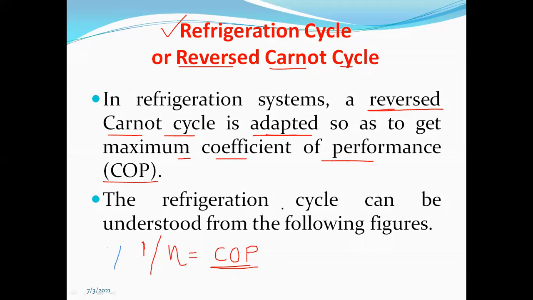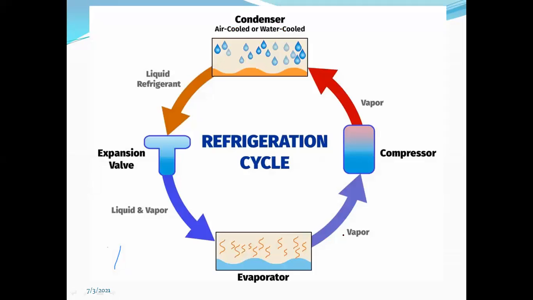So the second point is that the refrigeration cycle can be understood from the following figures. In case of the refrigeration cycle, two important parts are there at the beginning. First, we have a condenser as shown in the diagram, then evaporator, compressor, and expansion valve.